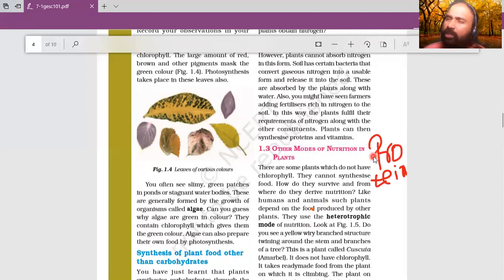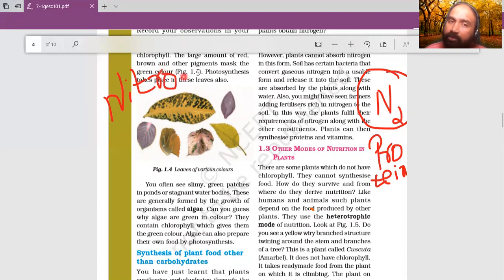The major thing which protein contains is nitrogen. Nitrogen is represented by N2 actually. Nitrogen is not a carbohydrate, or glucose. So from where does the plant get this nitrogen? Because nitrogen is required to make protein.